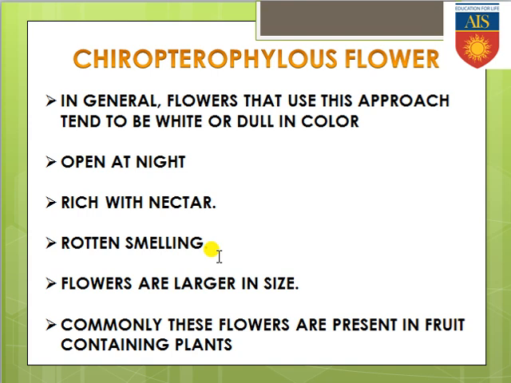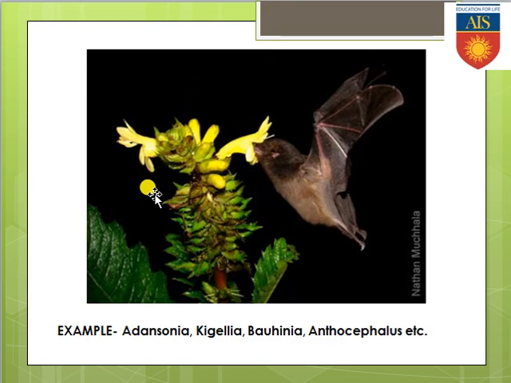Because in those plants, commonly the bats go, and when the bats go for eating the fruit, automatically or accidentally, the pollen grains of the flowers get adhered to the body surface of the bat, and then get transferred to another flower. The bat doesn't know about that. So this is the characteristic feature of the Cheiropterophilous flower, or rather of pollination by Cheiropterophily. This is the figure you can see here.